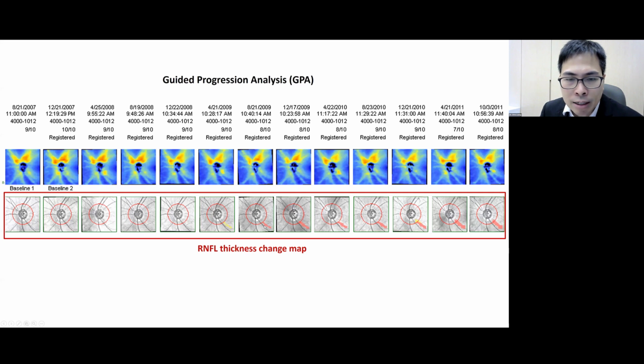When the retinal nerve fiber thickness in the follow-up exam is smaller than the baseline, and the difference is greater than the retest variability of that pixel, it would be highlighted in red. So you see additional RNFL thinning in this eye detected since 2009 August, illustrating that there is progressive thinning of the retinal nerve fiber layer.